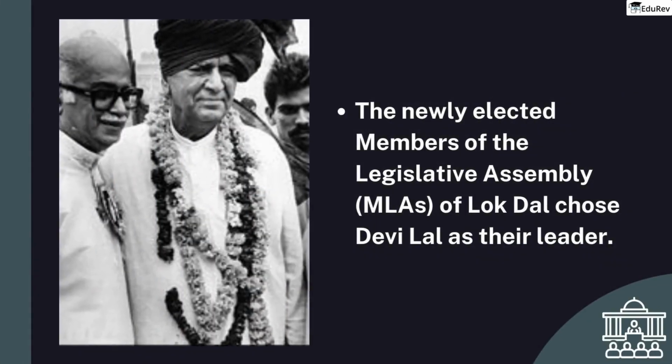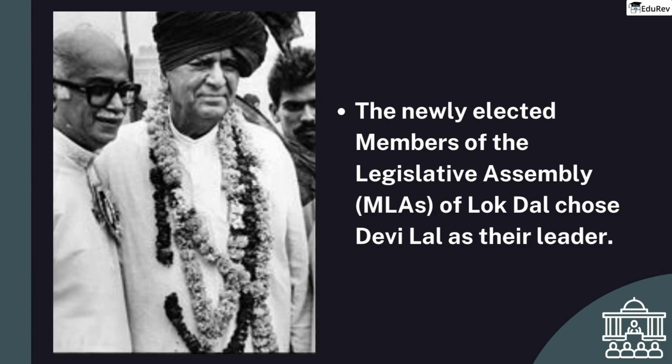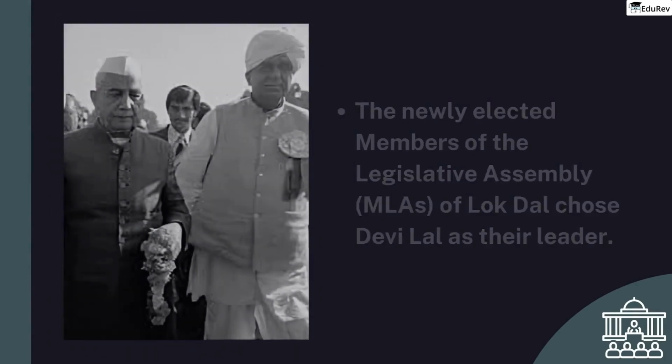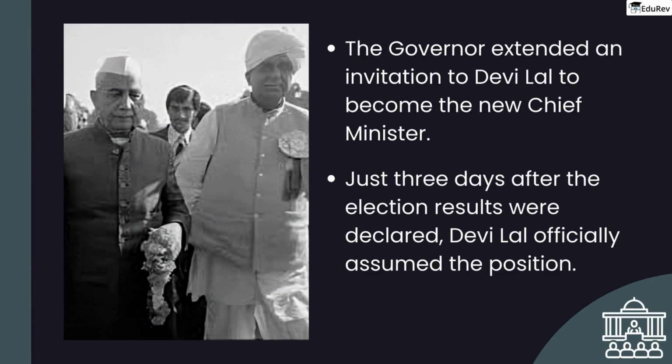The newly elected members of the Legislative Assembly, MLAs, of Lok Dal wasted no time and chose Devi Lal as their leader. It was a historic moment. The governor, acknowledging the order of the people, extended an invitation to Devi Lal to become the new chief minister. Just 3 days after the election results were declared, Devi Lal officially assumed the position.